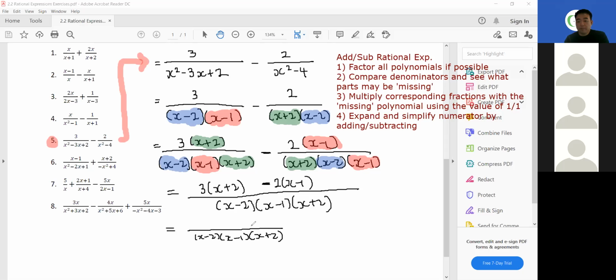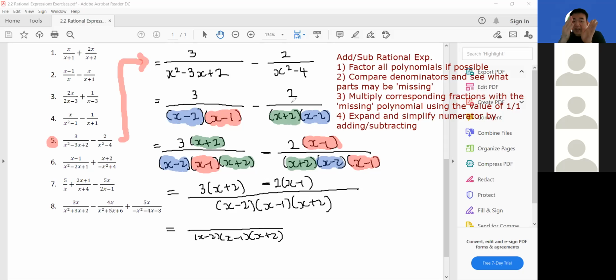Oof. Okay. Why is x plus 2 on top? Once again, let's see, where's the green? Please notice that if I want this denominator and this denominator to be the same, the left fraction has a blue, the right fraction has a blue, so we're good.